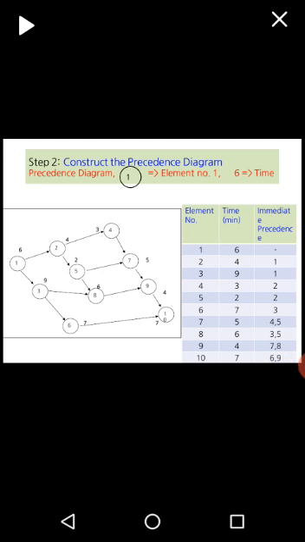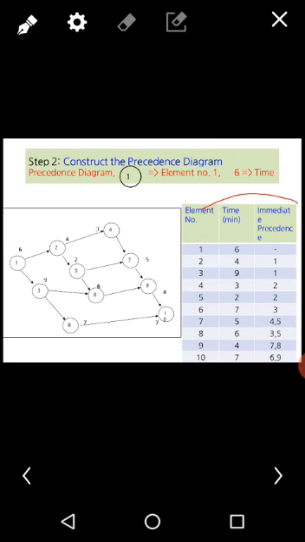Before going to construct the precedence diagram, we need to take this table. We need to take this table from the given problem. We should not take the table which we solved in step 1. Got it?